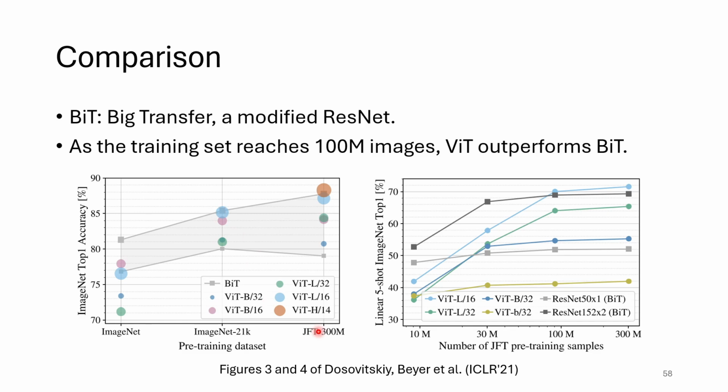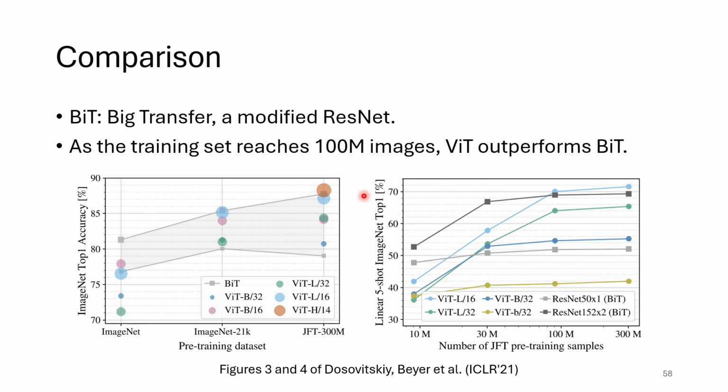However, if they use an even larger data set called JFT-300M, so they are 14 million and they are 300 million, at this scale the vision transformer generates the best performance.